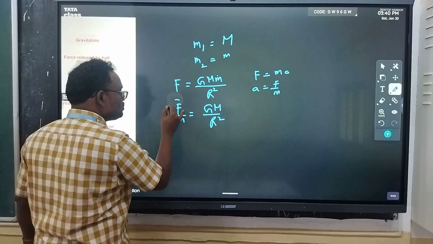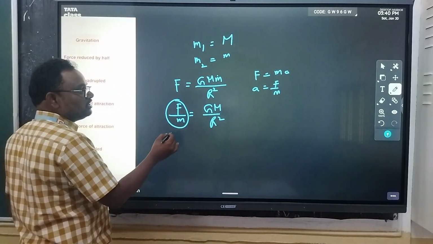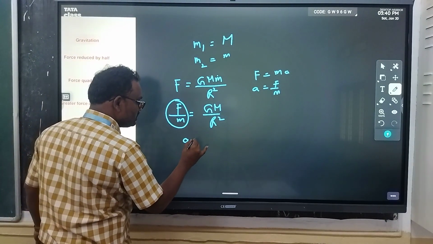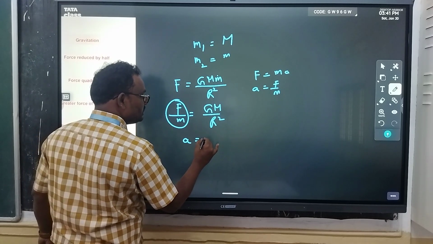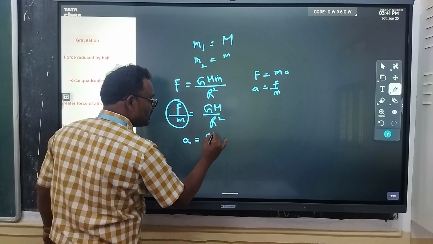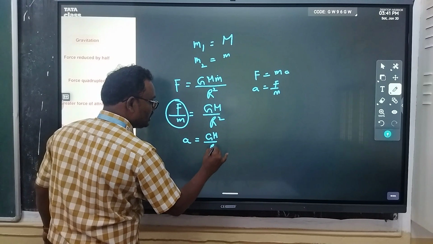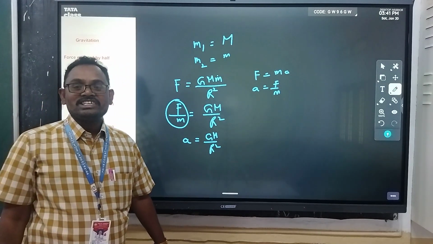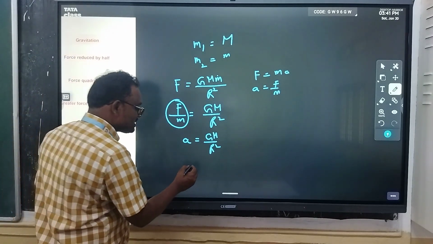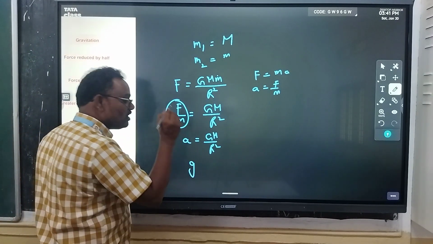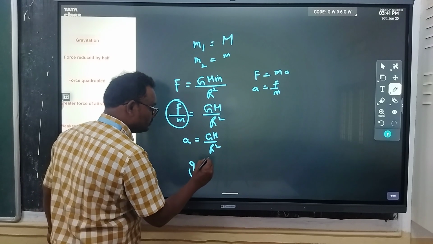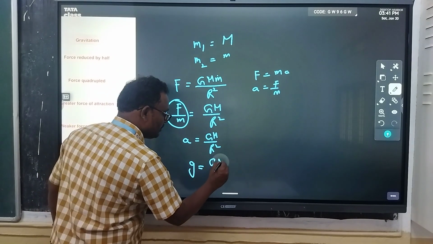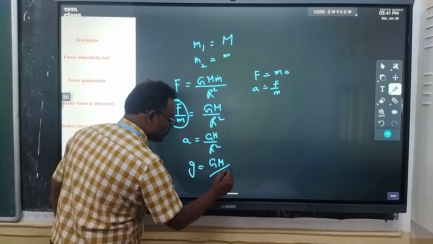So, we can substitute that F by m value from that equation. So, a is equal to G M by R square. Here a is nothing but gravitational acceleration. So, gravitational acceleration we can denote by the letter small g, that is equal to G M by R square.